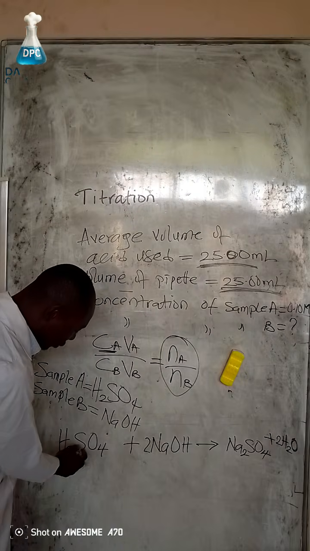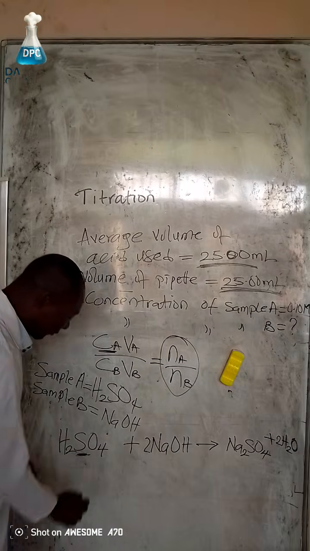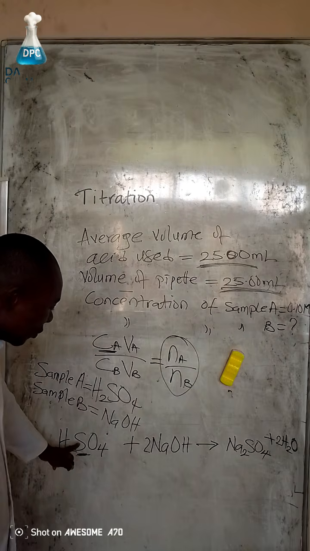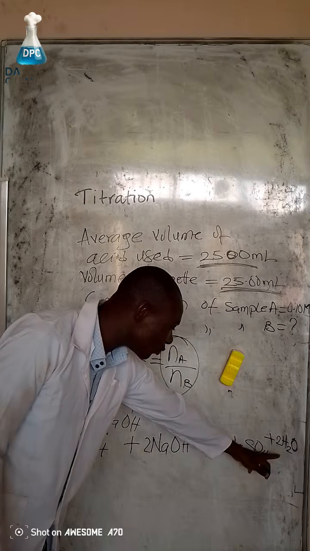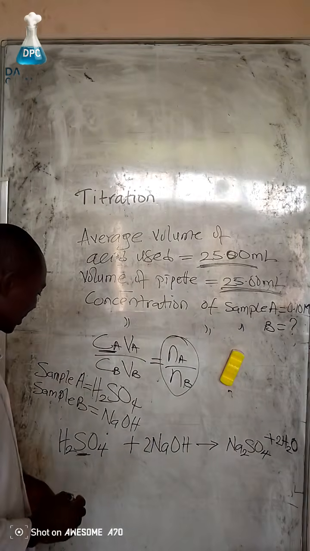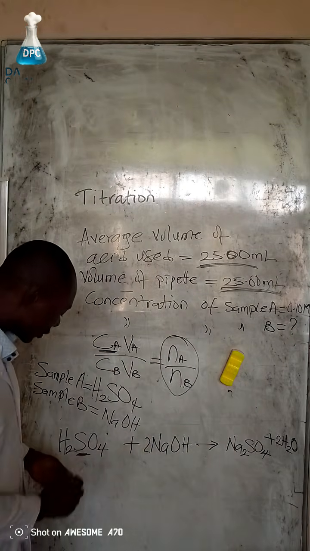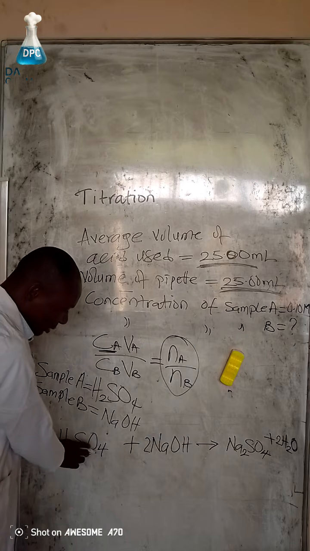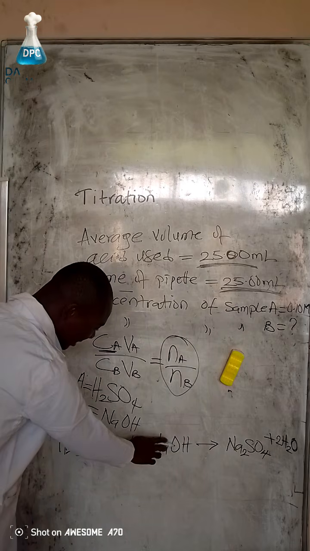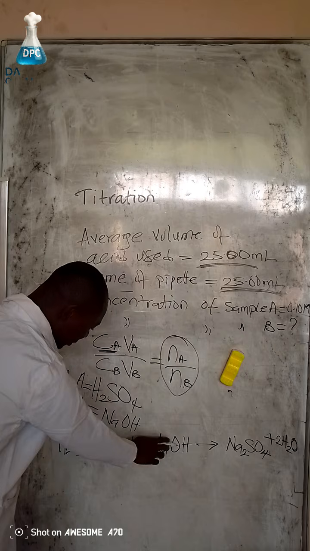I now come to sulfur. We have 1 sulfur here. How many sulfur do we have here? We just have 1. So sulfur is balanced. I come to oxygen. How many oxygen do we have here? 4. Here this affects this, so this is 2 oxygen.